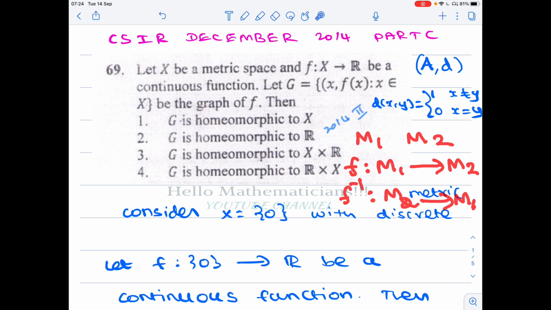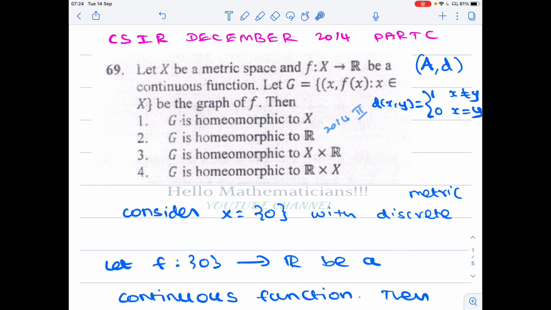Okay, so basically M1 and M2 are homeomorphic if there exists a bijection f from M1 to M2 such that f is continuous as a function from M1 to M2 and its inverse is also continuous as a function from M2 to M1. So if M1 and M2 are homeomorphic, you need a bijection between them. So two metric spaces are homeomorphic, at least they should have the same number of elements.